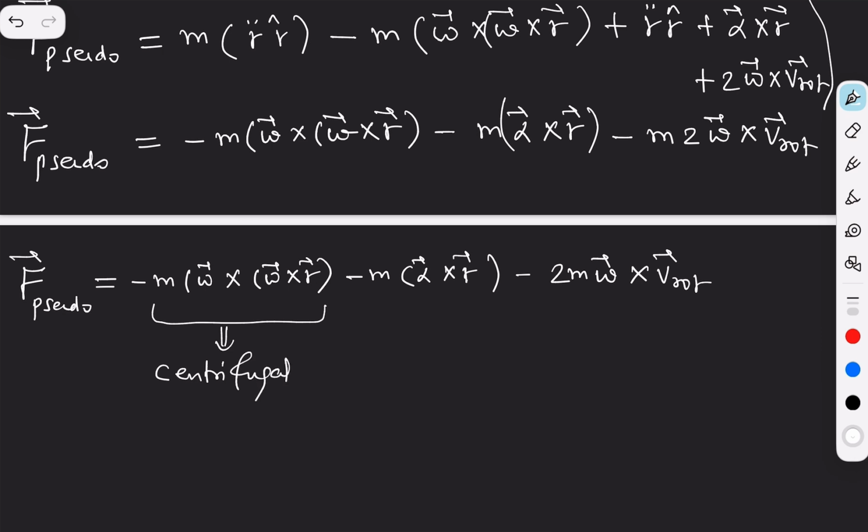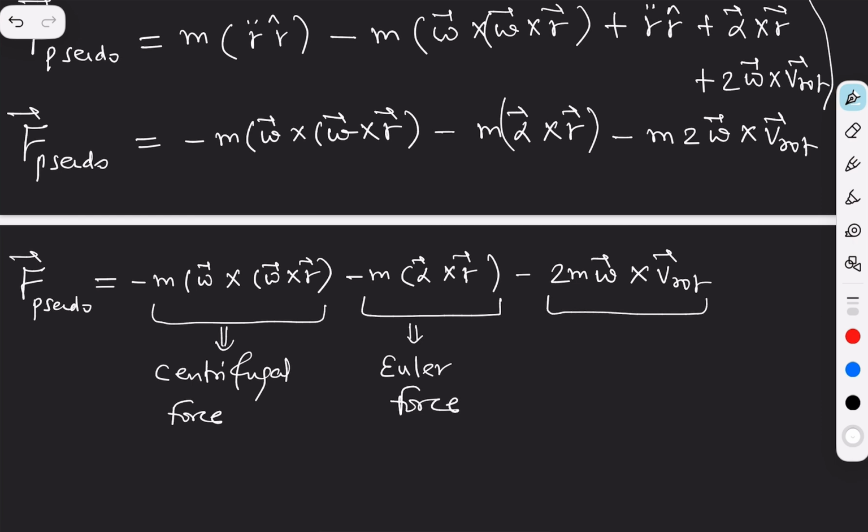I'll simplify the formulas for you later, but I would advise remembering this in vector form only, because many times students get confused and then problems happen. And this one is the Euler force, which is also a fictitious force.